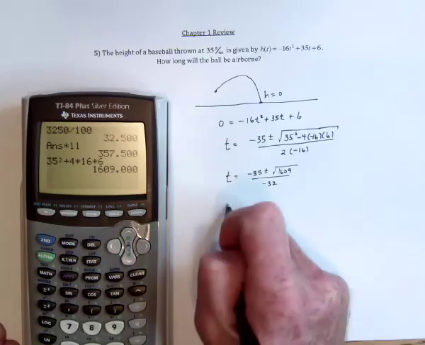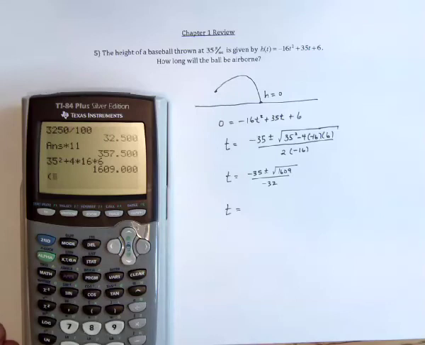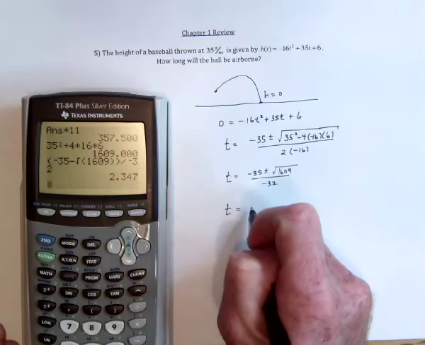And then we should find out decimal answers from there. So negative 35 minus the square root of 1609 divided by negative 32 is 2.3.